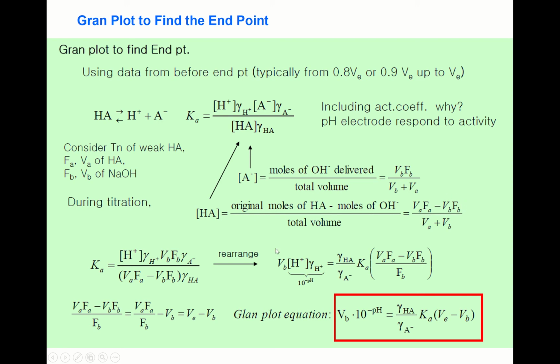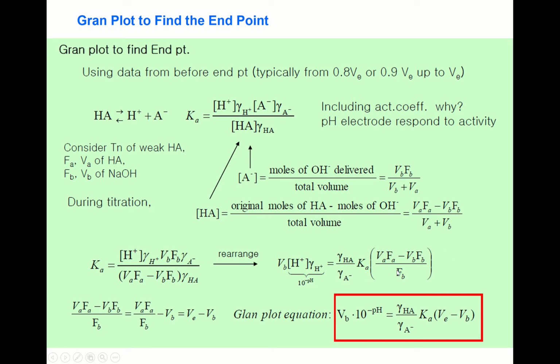Ka can be rewritten as this equation, and by rearranging it, we get a rather complicated equation. Here on the left hand side, we see VB, the added strong base volume, and the proton concentration, which is 10 to minus pH, and the right hand side, this one.